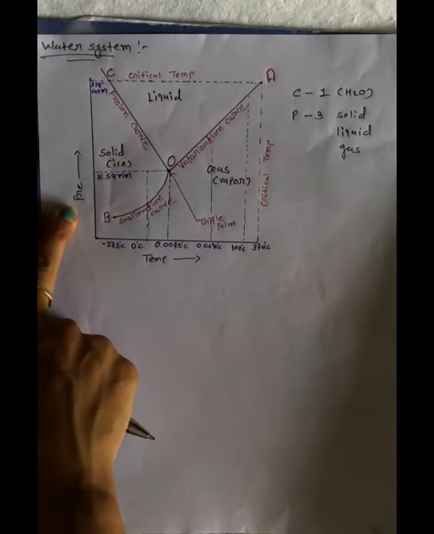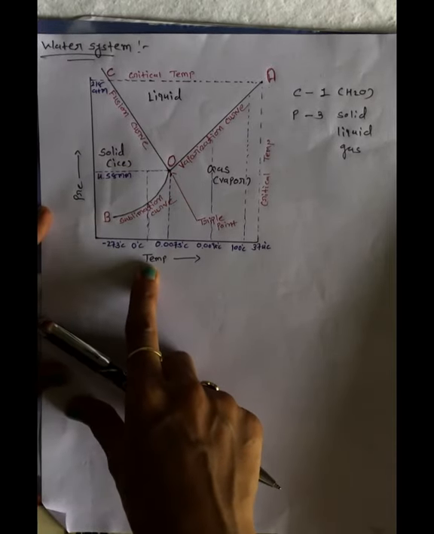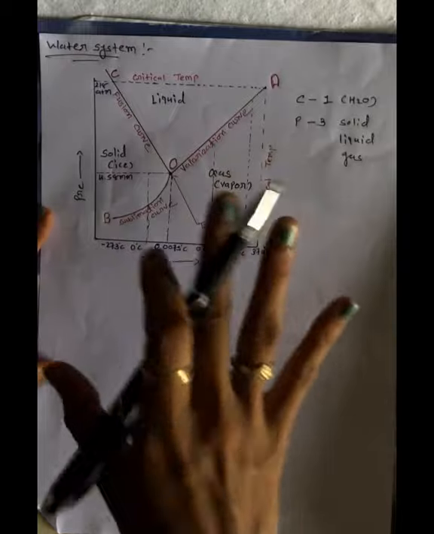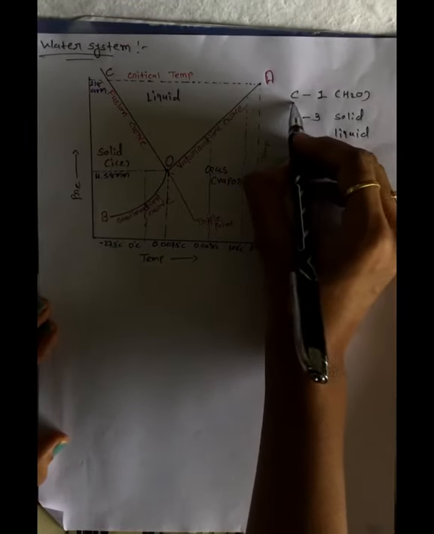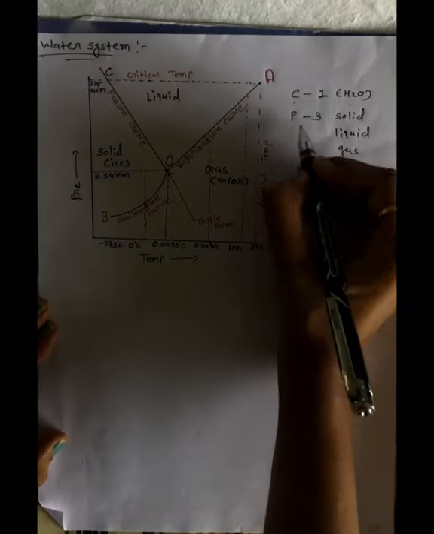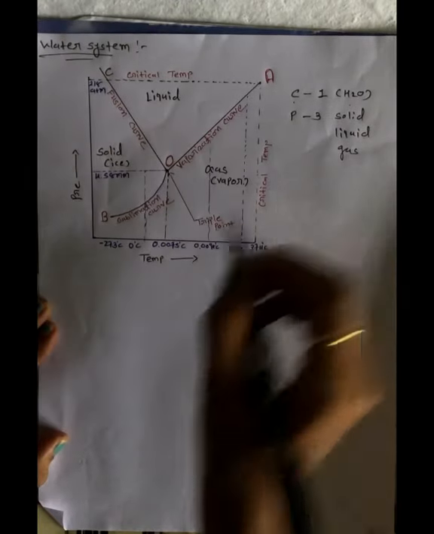So here is the phase diagram of the water system, pressure versus temperature. Here we take pressure and here we take temperature. This is the diagram of the one component system, H2O, and here three phases are available: solid, liquid and gas.